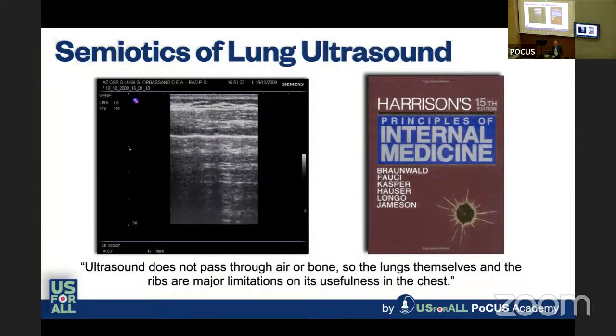And this is mainly because it was believed in the past that it was not possible to study the lung diseases because of the great limitation of the relationship between the ultrasound beam and the air that is inside the lung.